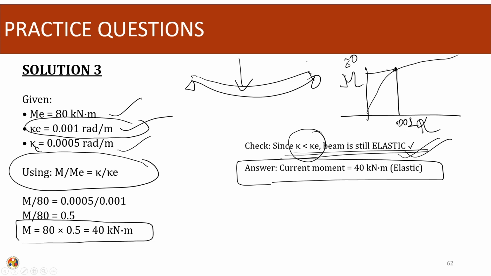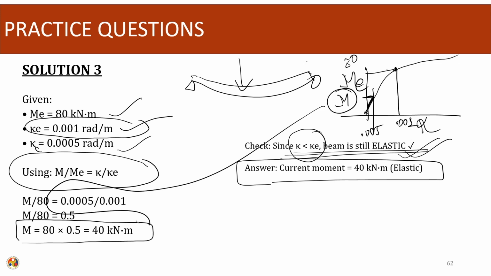Now, it is told that in the current stage my current curvature is 0.005 radian per meter. It means that the beam is still in the elastic range, and the corresponding moment, this was M elastic, and the current moment is 40 kilonewton meter. So, this is the meaning of this question.